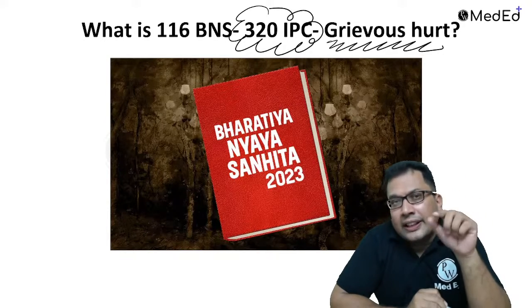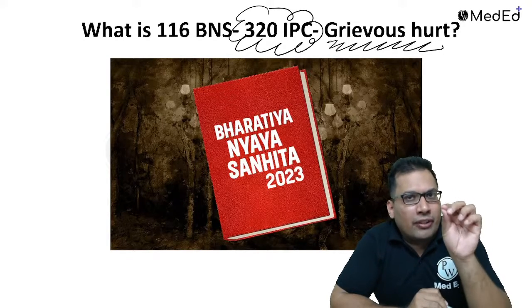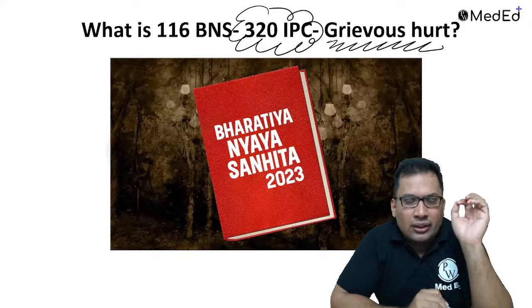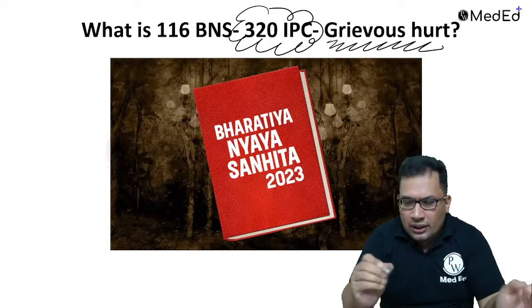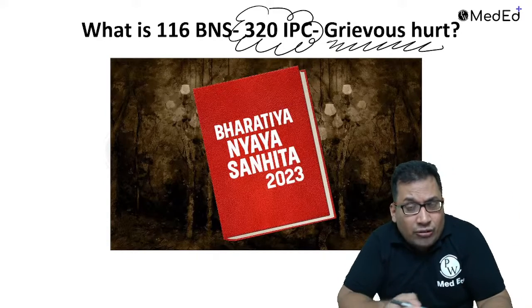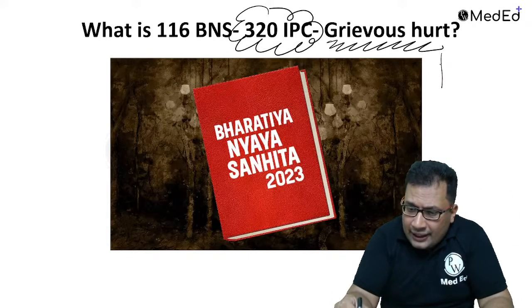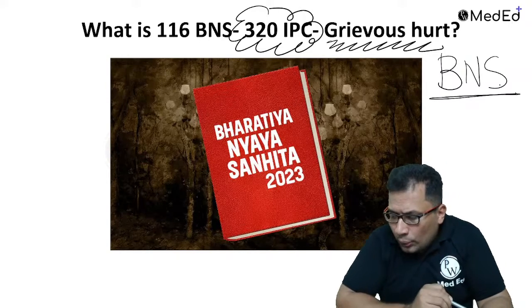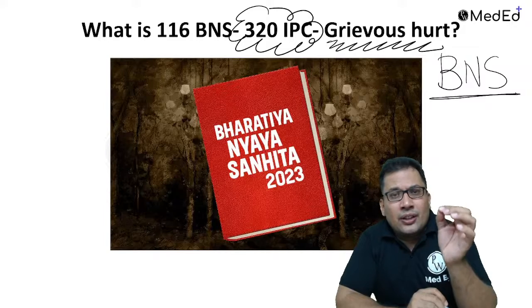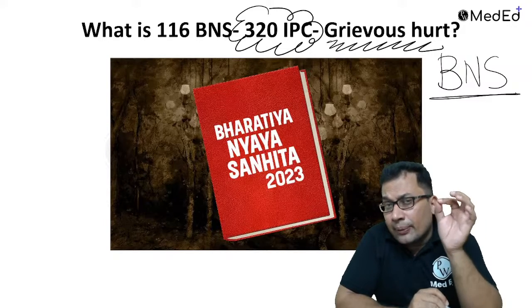But remember, it is going to be changed from June, July onwards. It is going to become Bharatiya Nyaya Samhita, with a separate clause for that. So remember, BNS, something new. BNS means Bharatiya Nyaya Samhita.